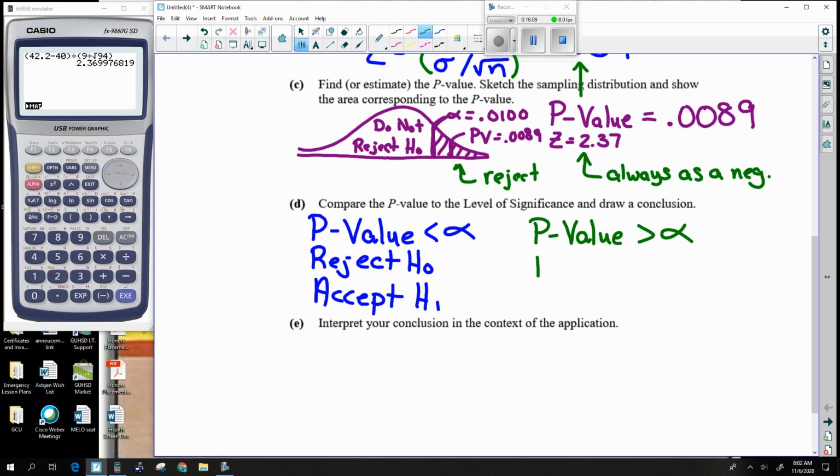So what do we say? We do not reject H naught. Okay, that's the alternate world. Don't say we accept something, just say do not reject H naught, and ta-da, you're done with that statement. And we'll obviously see examples of these in future problems. Okay, on with the show.